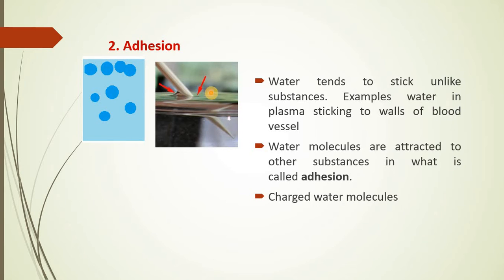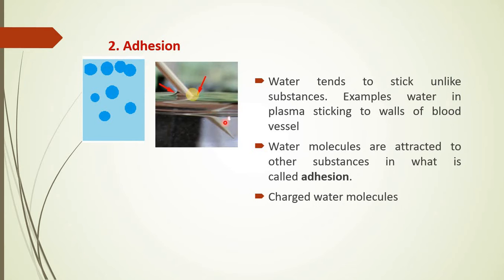So these red arrows show the contact of the water with the pin. Now this property of water to get associated with the pin or the needle is because of its adhesion property, right? This adhesion property is the ability of the water molecule to get attracted to any other substance.